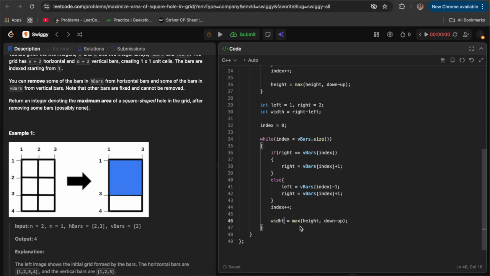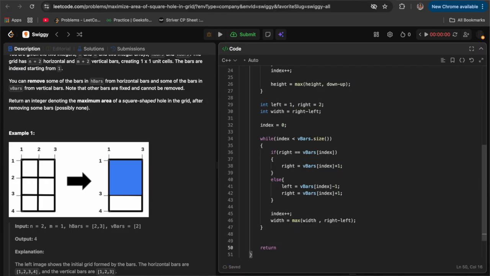Width is right minus left, and what I have to do here is, whichever dimension is less, that I have to return.